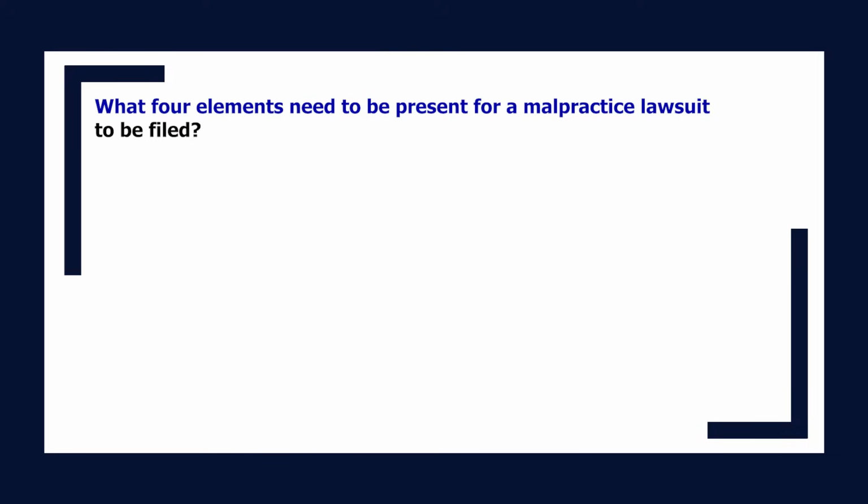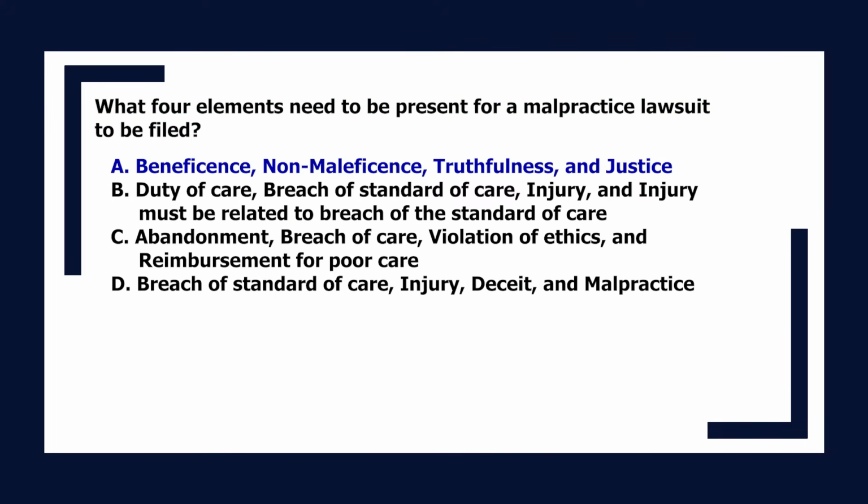What four elements need to be present for a malpractice lawsuit to be filed? A. Beneficence, non-maleficence, truthfulness, and justice. B. Duty of care, breach of standard of care, injury, and injury must be related to breach of the standard of care.